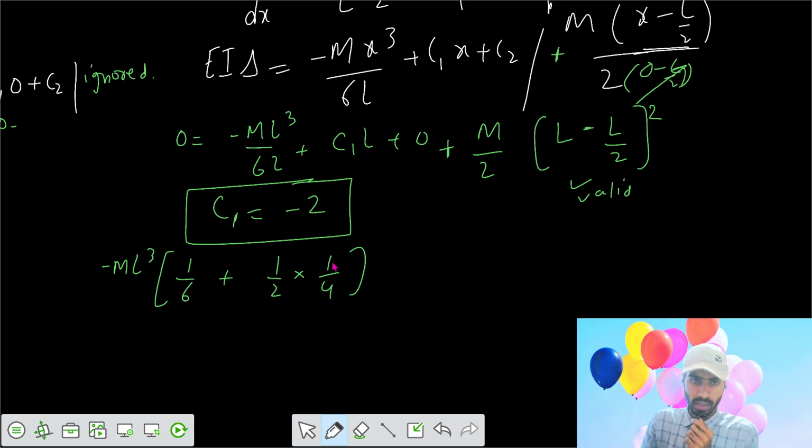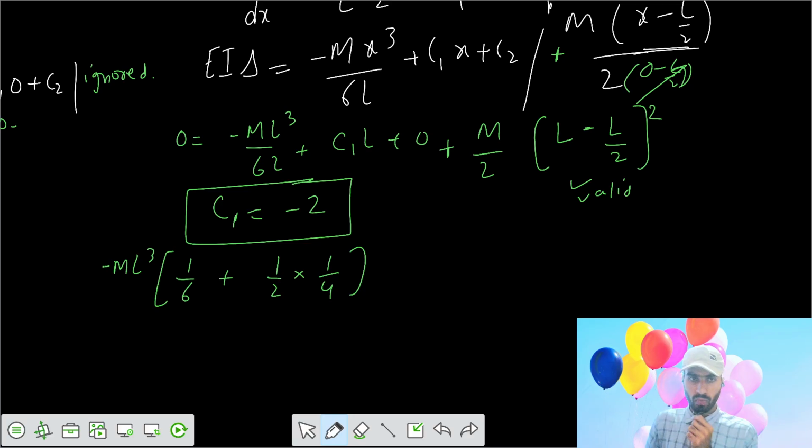So 8 inverse plus 6 inverse. The value comes out to be M L square by 6.